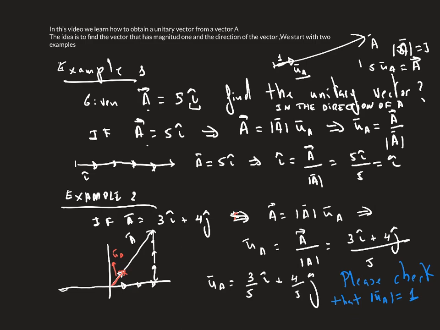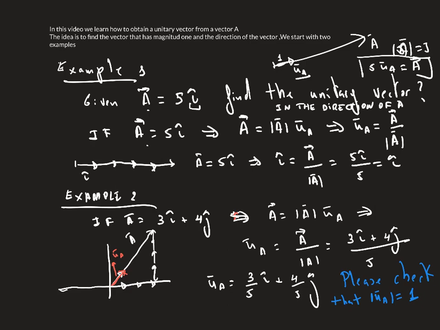So 5 times U sub A will be A, okay? If A is the magnitude of A times U sub A, then U sub A, the unitary vector in the direction of A, is simply the vector A itself divided by its magnitude.